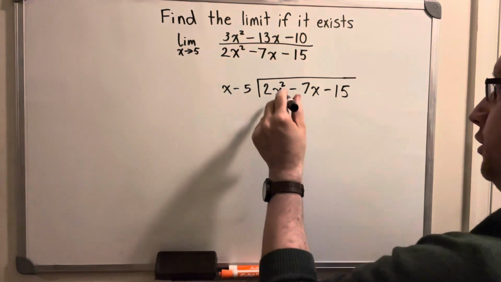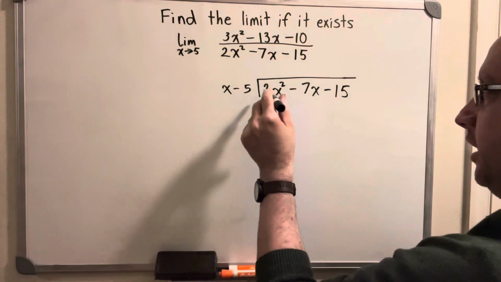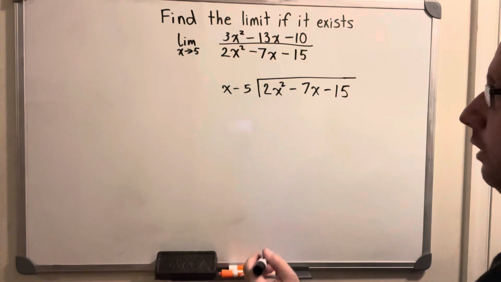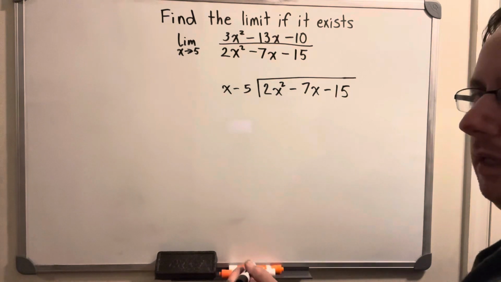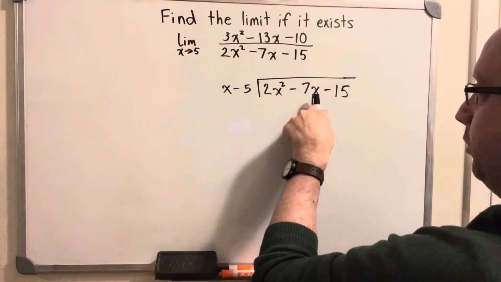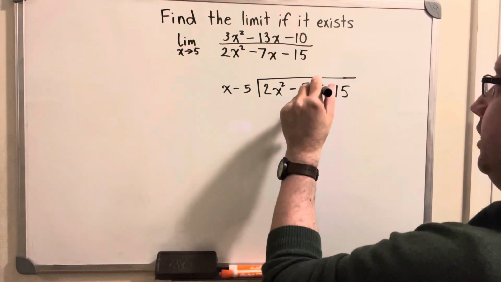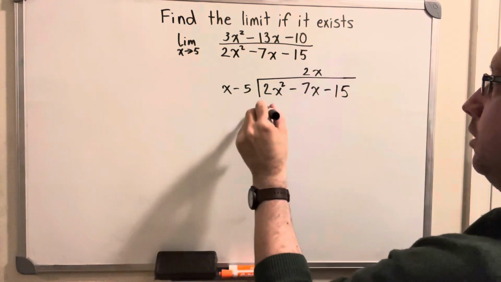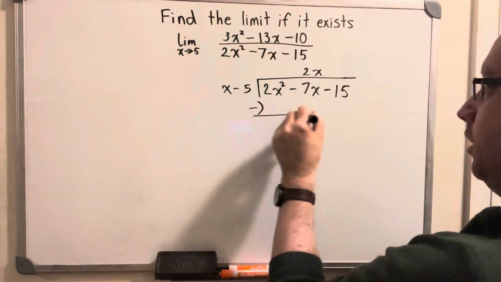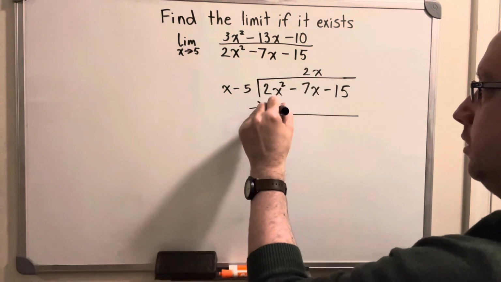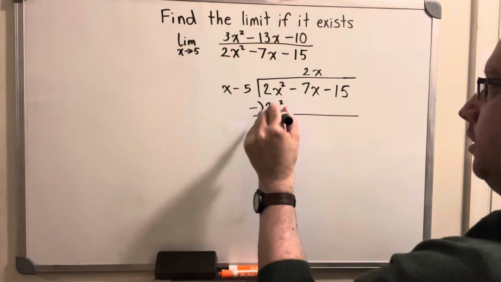So I look at 2x squared and I say, x times what equals 2x squared? 2x, right? It's an x, so I put it above the x's term. I said 2x. Okay. 2x times x is 2x squared.